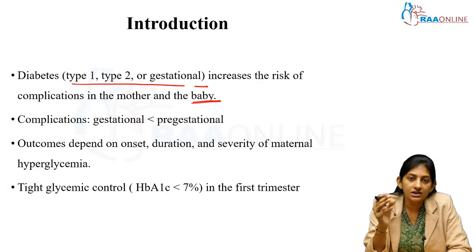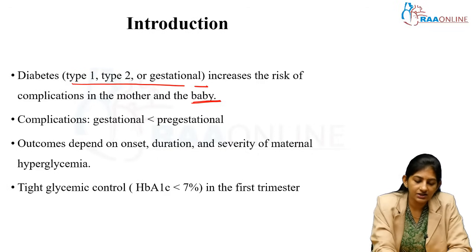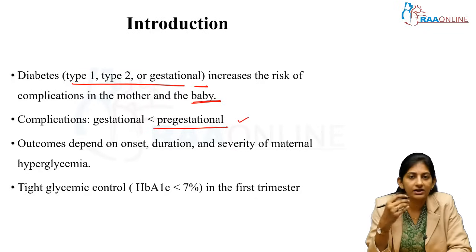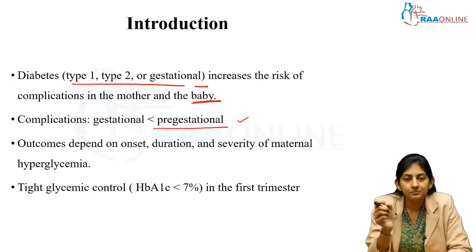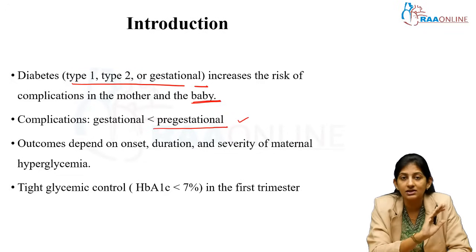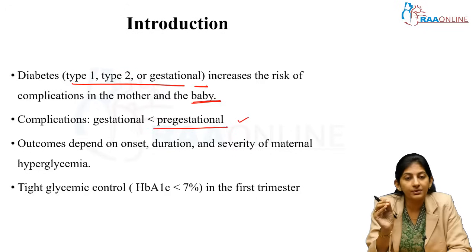The complications are more in pre-gestational diabetes. The mother had type 1 diabetes or type 2 just before her pregnancy. It depends on the pre-gestational diabetes. So, it's a little bit higher severity or higher risk of complications in pre-gestational, but gestational diabetes can cause complications also, and the outcomes depend on how severe the maternal hyperglycemia was.